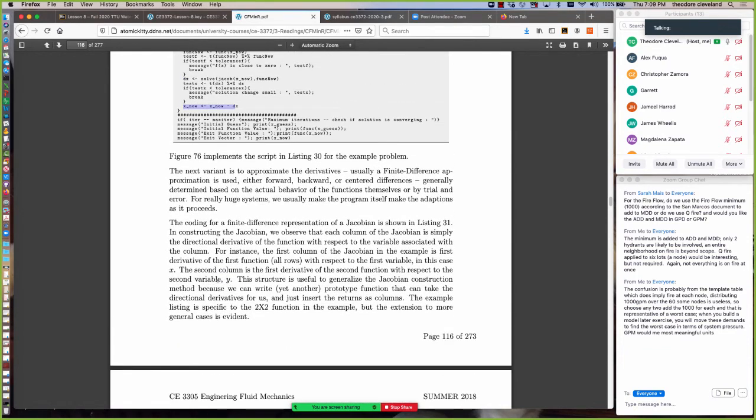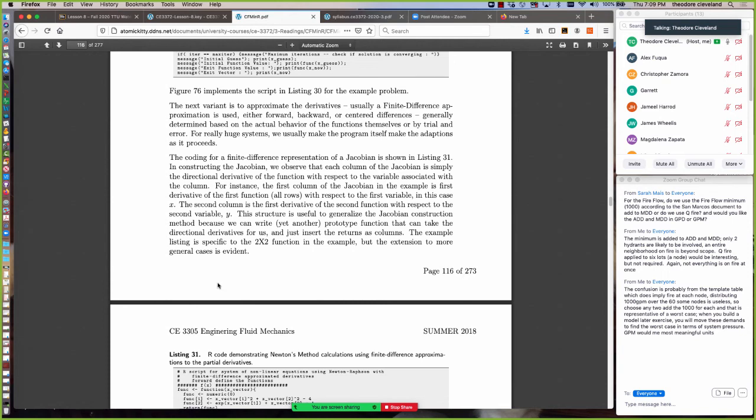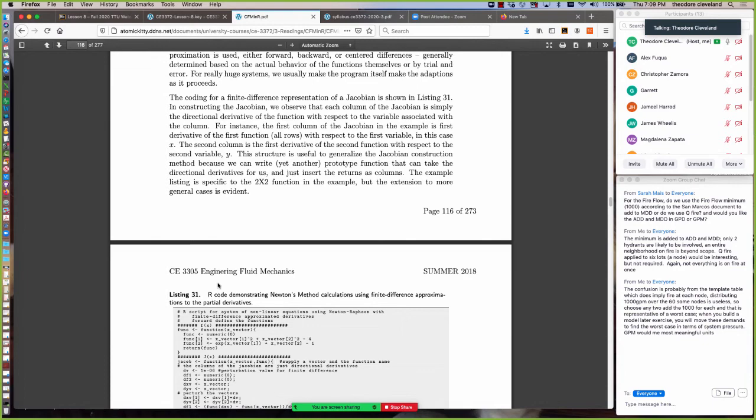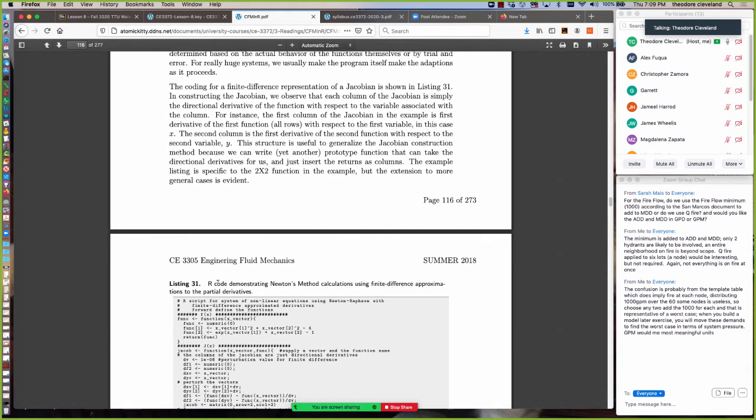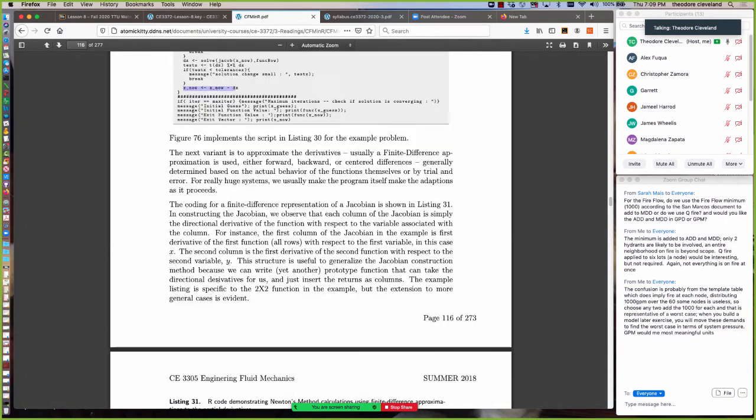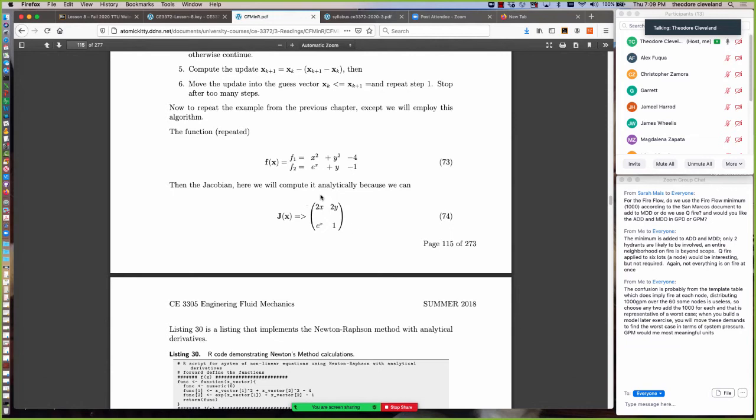So that's cool, but it is somewhat inconvenient to have to program in the Jacobian as an analytical matrix, which in the case of a pipeline network, if we have thousands of pipes and thousands of nodes, programming of that could be a monumental hassle.